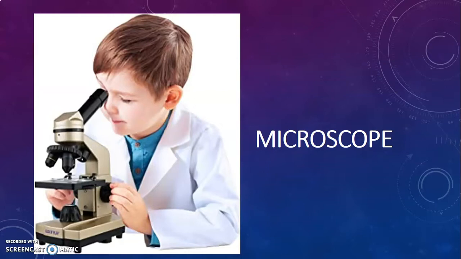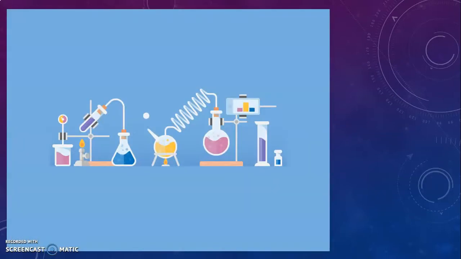Repeat, microscope. Very good. So we have the chemicals or other substances that get hot or cold when we mix them in the laboratory, and we use the test tubes. These liquids pass from one place to another in the glasses or in the tubes.